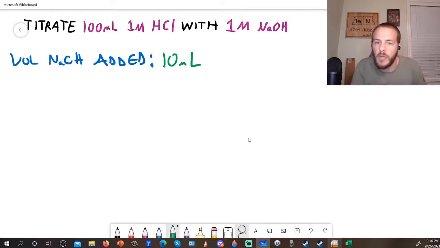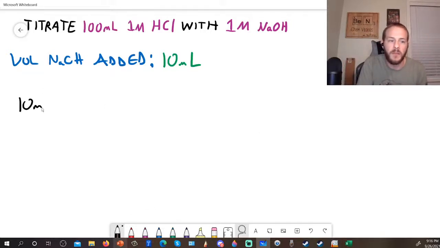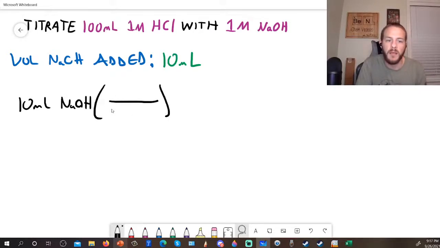So what we need to do here is figure out how much sodium hydroxide is added in moles, right? So when in doubt, convert to moles. If we have 10 milliliters of our sodium hydroxide, convert that into liters simply by understanding that there are 1,000 milliliters in 1 liter. Now that it's in liters, we can use the molarity.